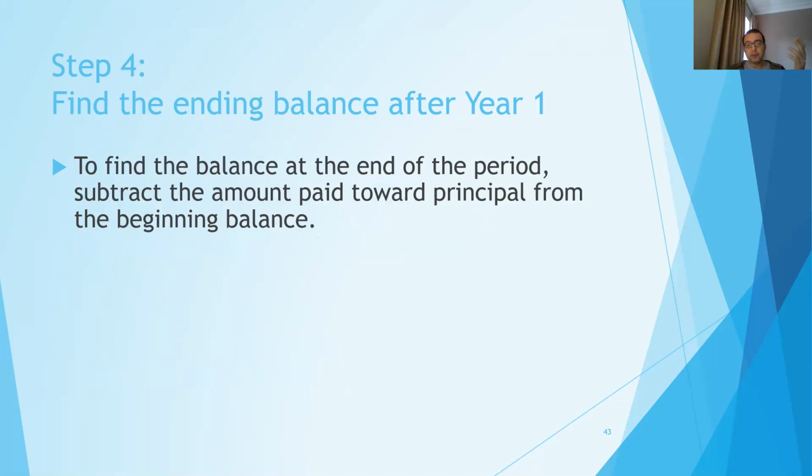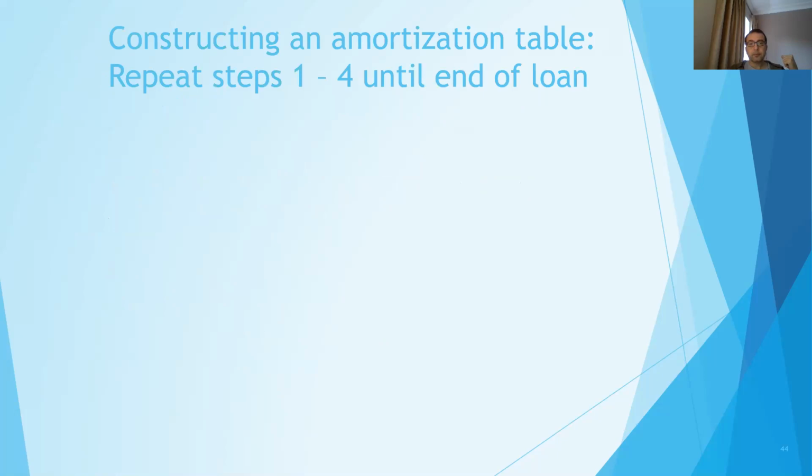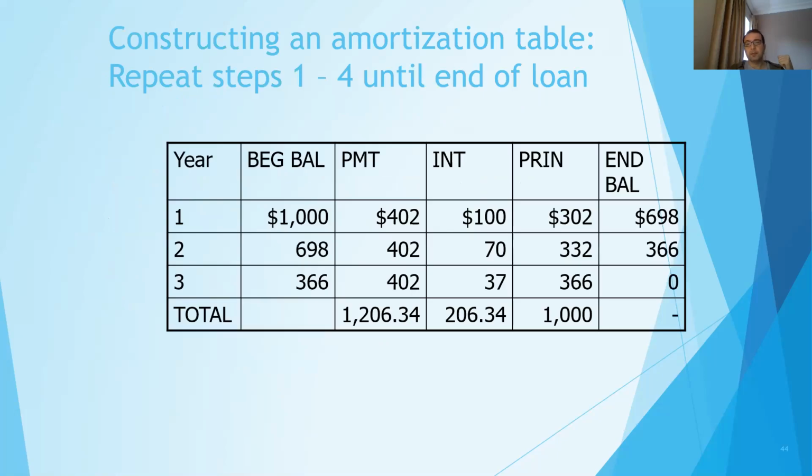For the following years, our beginning balance is not 1,000 anymore, but 302 less, which is 697 in our example. So the interest payment is 10% of 697, right? So here is the table.